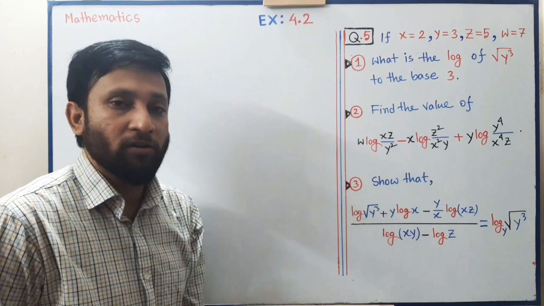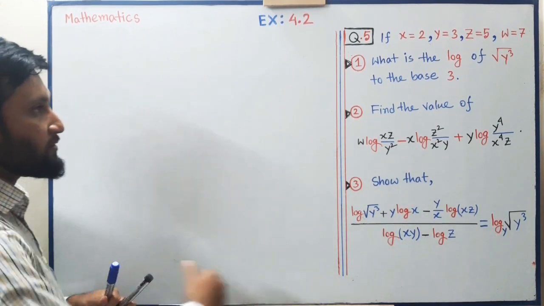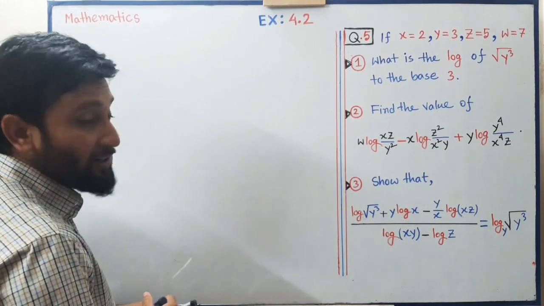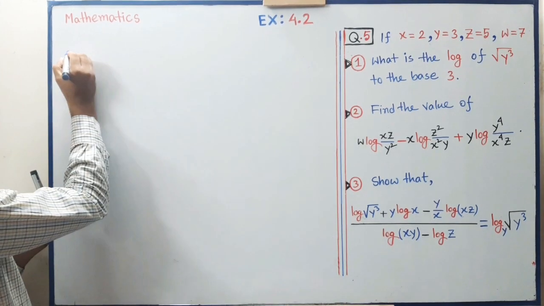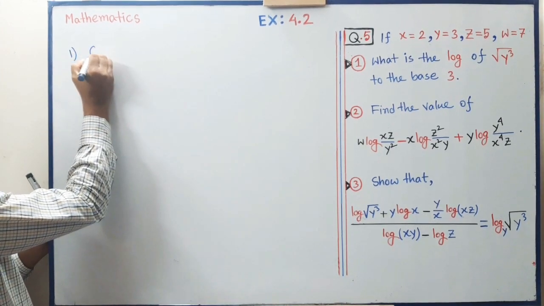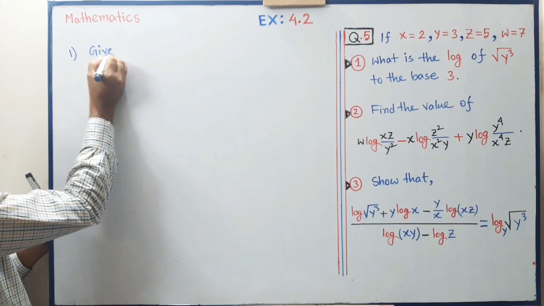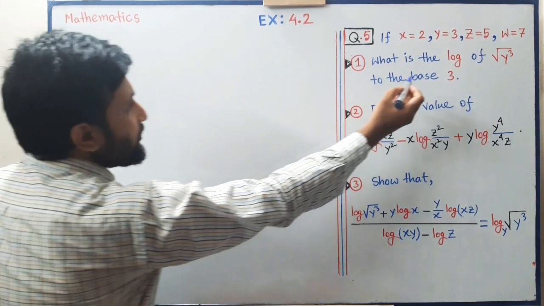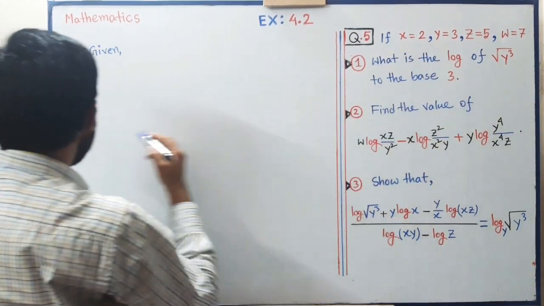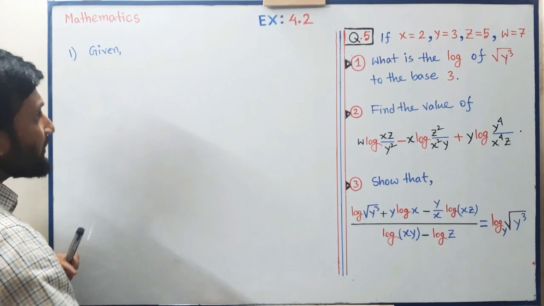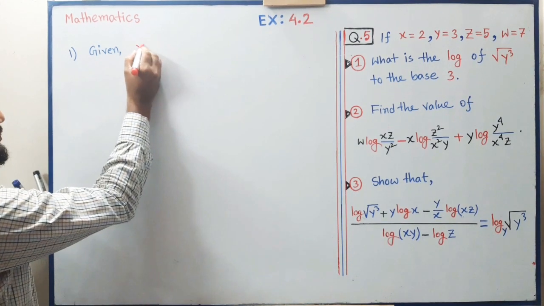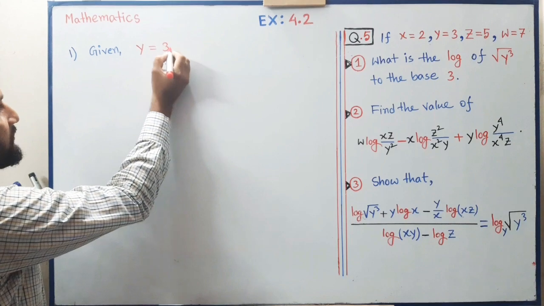Now the first one, follow the solution process. At first, write down the given part. For 1, we need the value of y only, so we write given y equals 3.